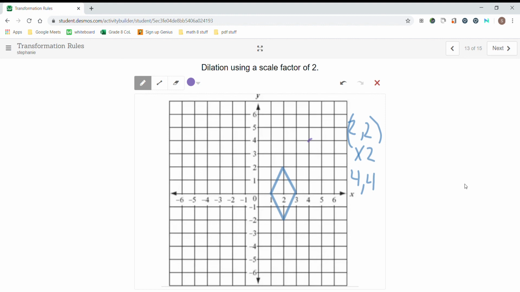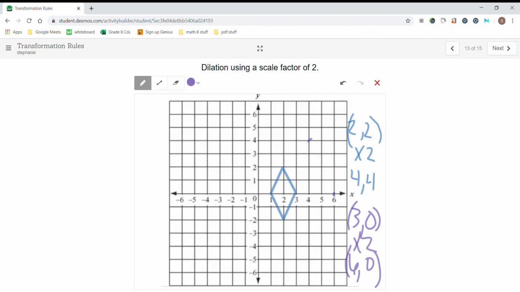So I'm going to use 3, 0, multiply by 2. 3 times 2 is 6, 0 times 2 is still 0. So 6, 0. Your new point's going to be right here.